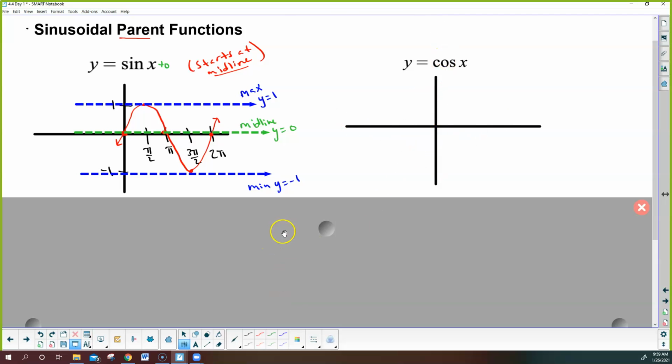All right, so we're going to do the same thing for cosine. Cosine, though, as we saw in the other example, because of the unit circle, starts at the maximum. So we're going to set up our graph the same way.